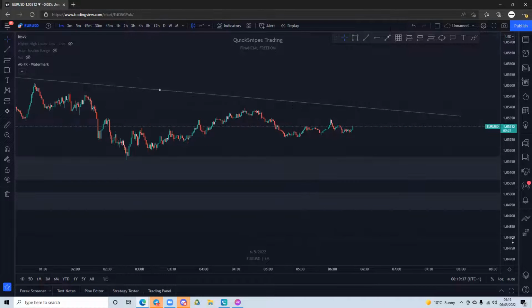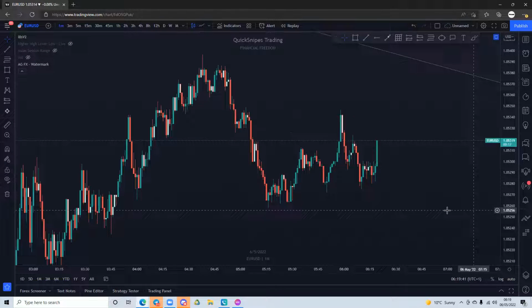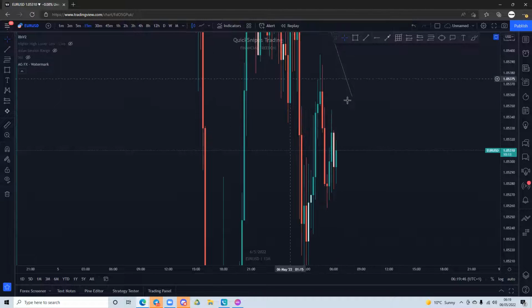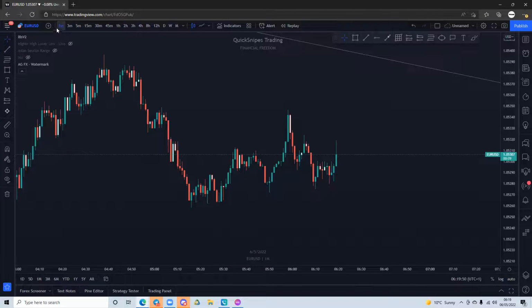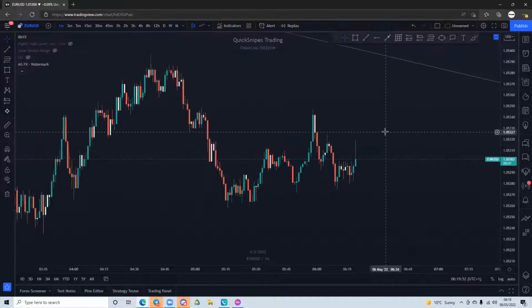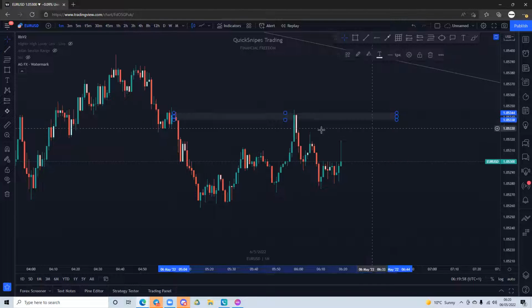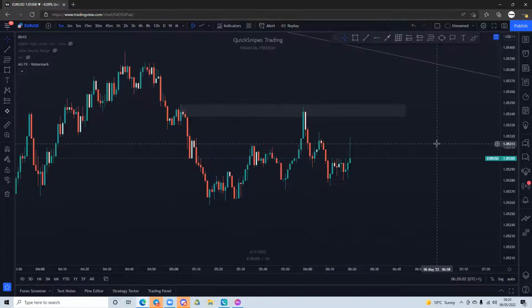Okay, so let's see what we're looking at for sells. So again, on the 15 minute, not too much clarity. On the 1 minute, we are seeing a zone reaction over there.